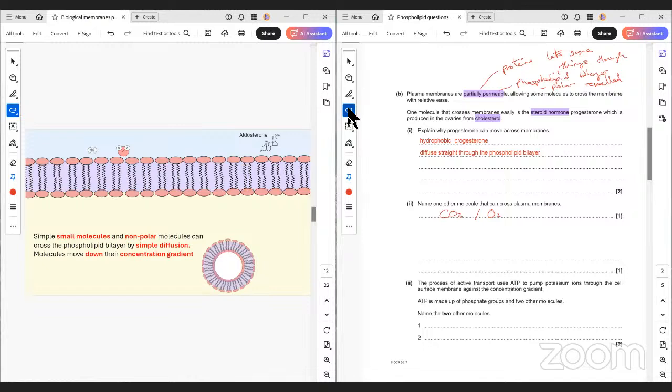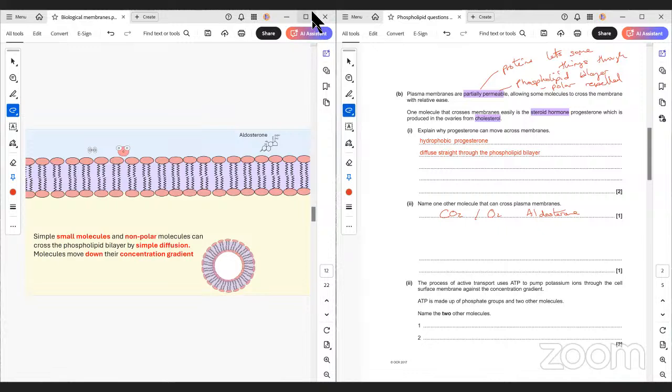The other thing we could say is any of our hormones that we know are non-polar, so aldosterone is another example of a hormone that could get through.